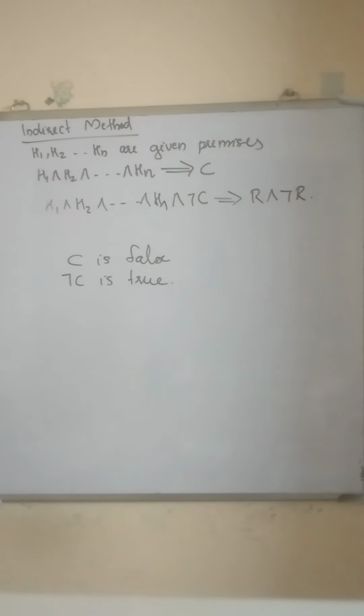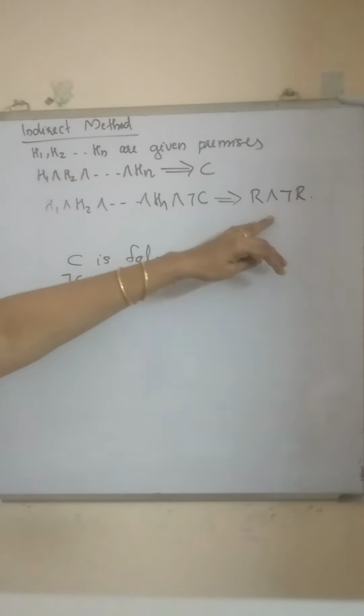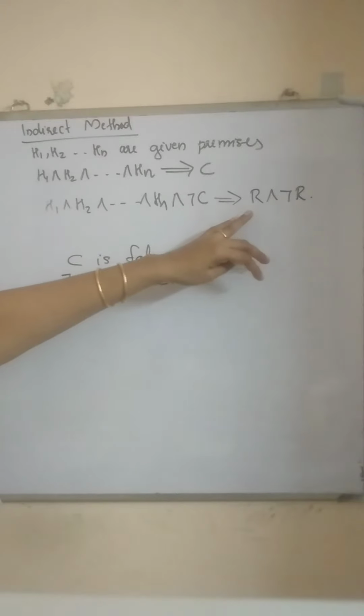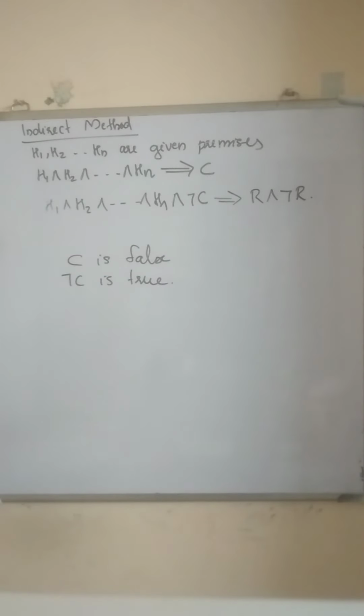The new set of premises is h1, h2, etc., hn and negation C. If this is inconsistent, then we arrive at a contradiction. Then the assumption that C is false does not hold good.